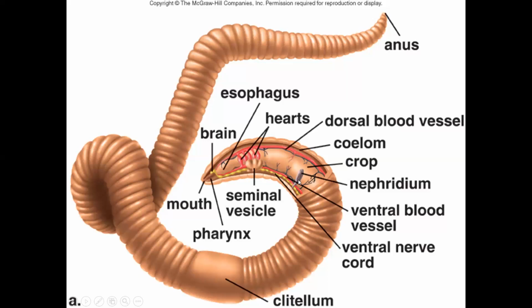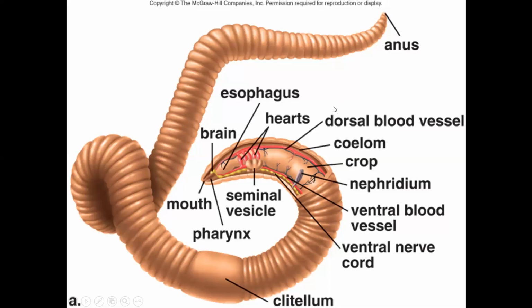Nephridia are like nerve-type structures, kind of some sensory organs there. You get the coelom as the lining there around this body cavity. And the crop is where food is going to be collected and processed. The ventral blood vessel also runs along here beside the ventral nerve cord.